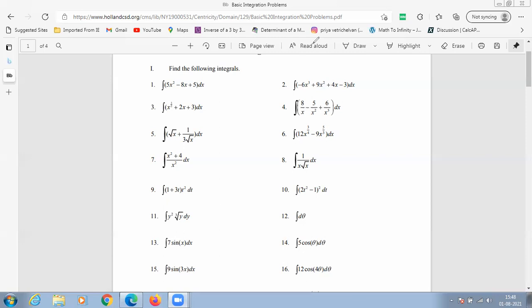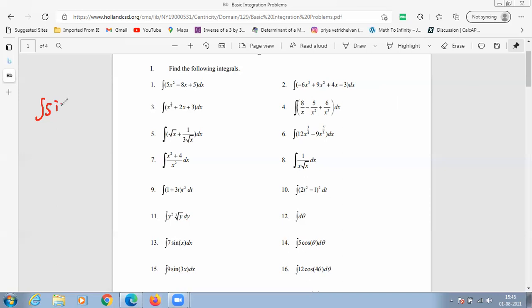Otherwise, people tend to learn by heart, like integral sin x is cos x, I mean minus cos x. Wait a minute, I think I have made a video for the differentiation, not the integration. Anyway, take a look at it. Okay.